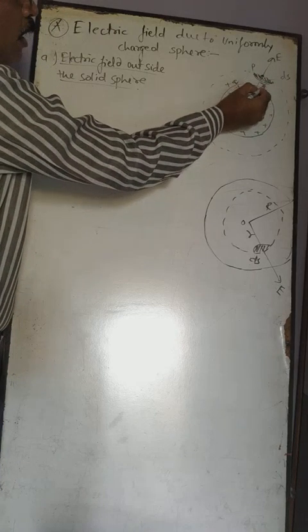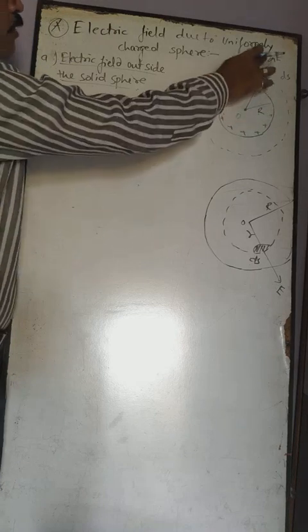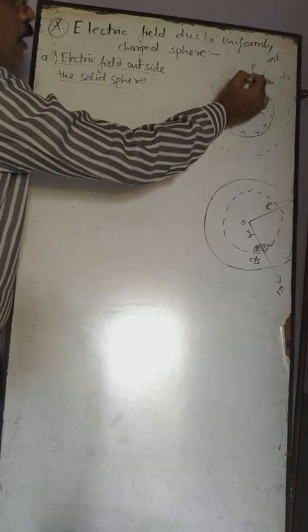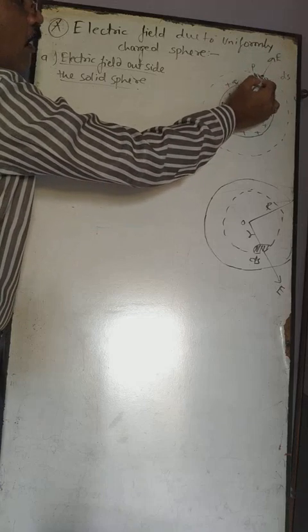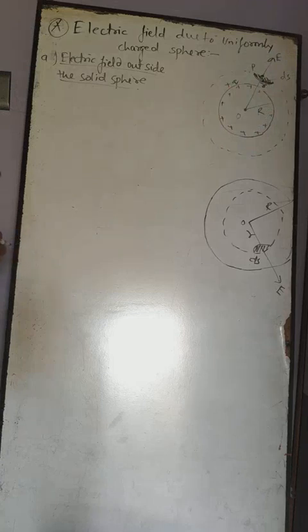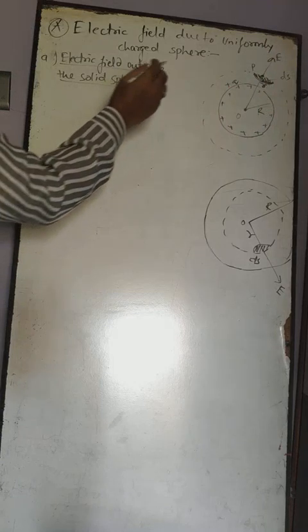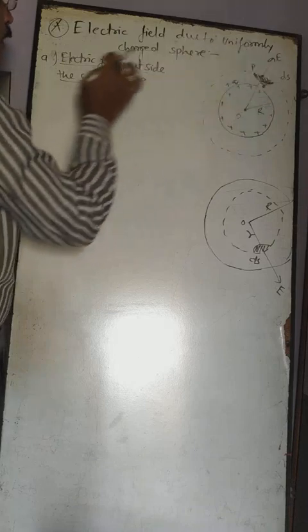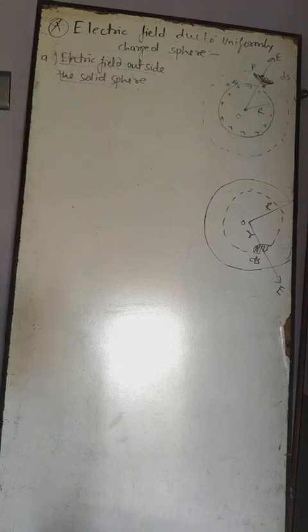Here the electric field is E, and this is a small surface element of the solid sphere. At this point we find the electric field.